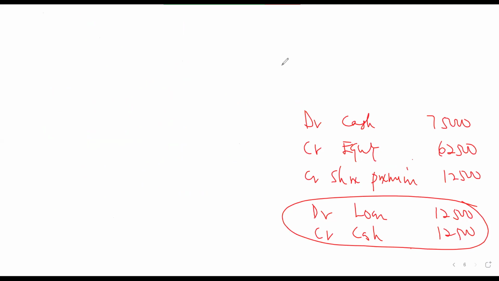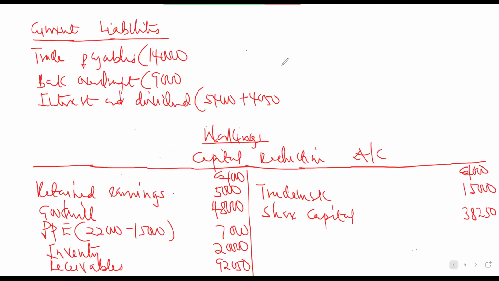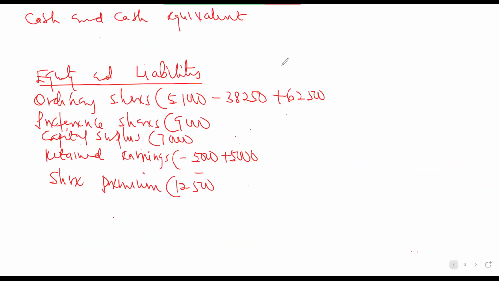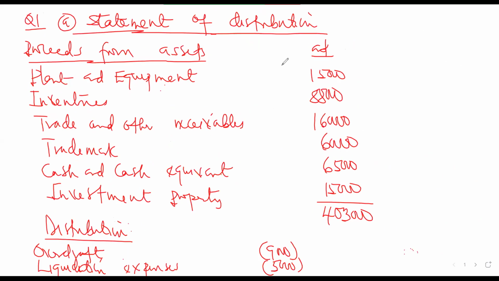So maybe there will not be plenty of issues on cash and cash equivalents. What is the cash figure that we have? 75. Okay, no, the one that we have in the statement of financial position. 65.